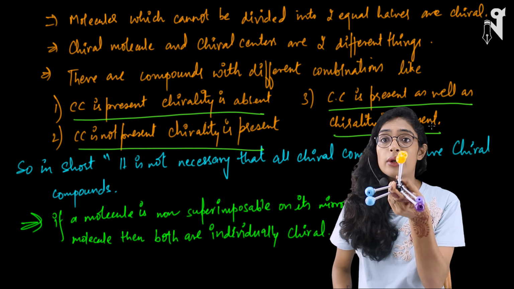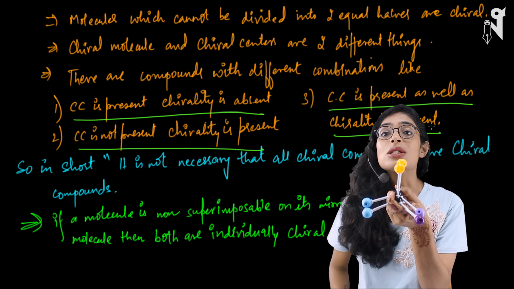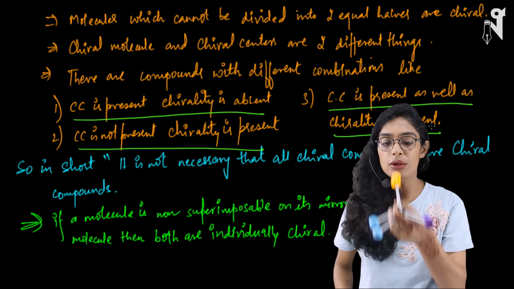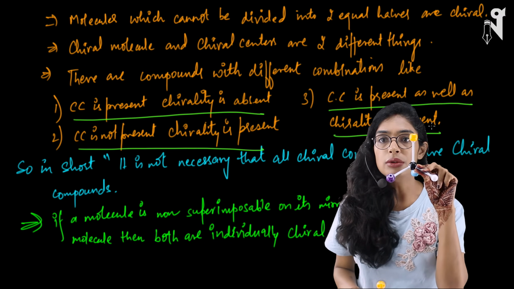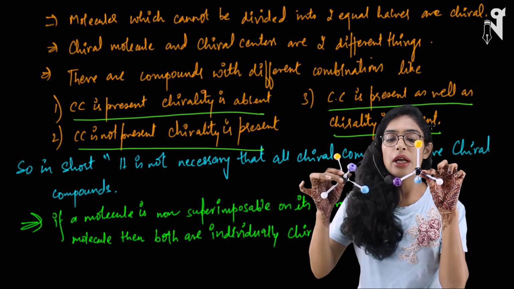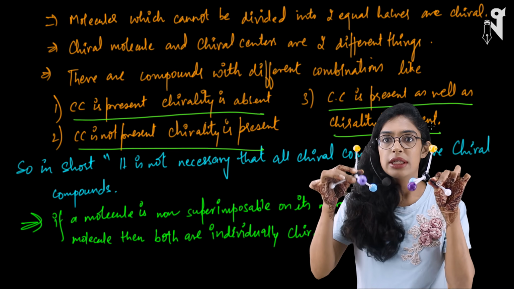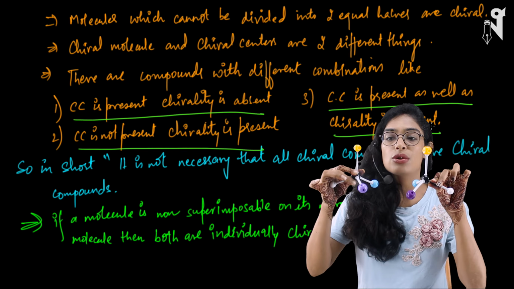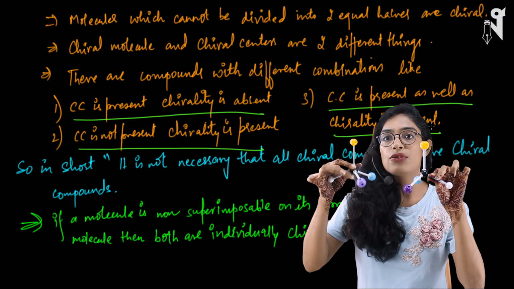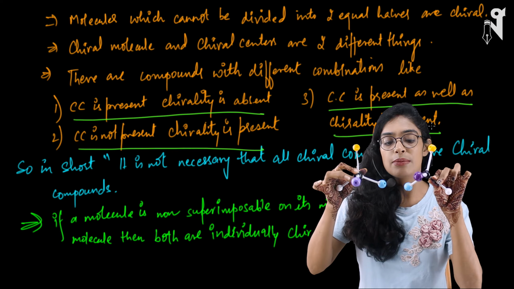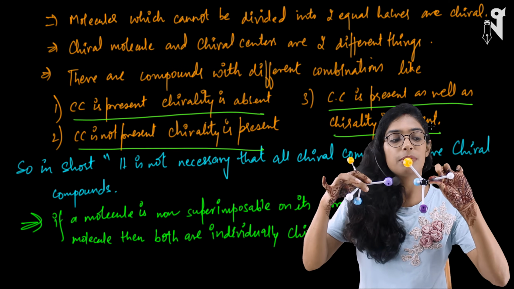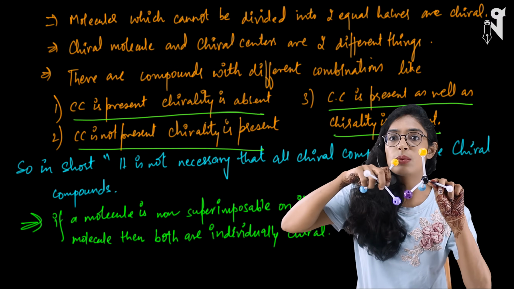Now let me show you what non-superimposability is in the same molecule. Just give me a moment. Now look at this molecule, and look at the other one. These two molecules are mirror images of each other. Yellow is in front of yellow, purple is in front of purple, this blue is in front of blue, and the white one is at the back, and this white one is at the back.